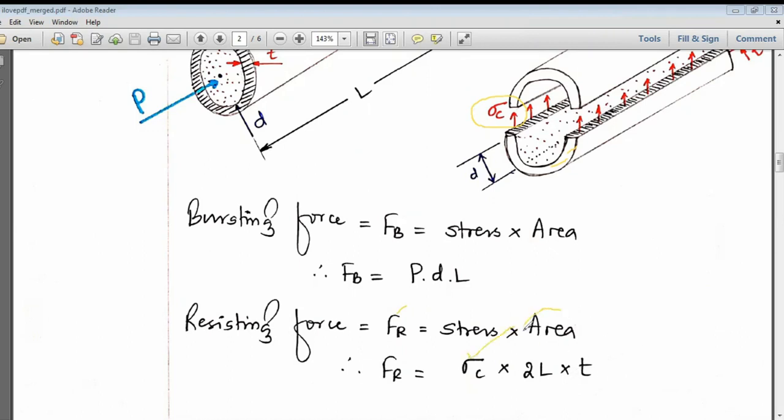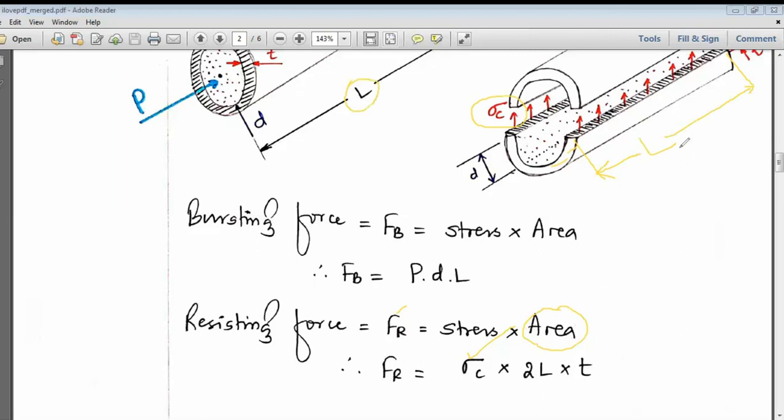How are you going to calculate the area? Concentrate on these hatched rectangles. To calculate the area, you should know the length of the hatched rectangle. From this point to this point, the length is nothing but L, because it is the length of the cylinder.